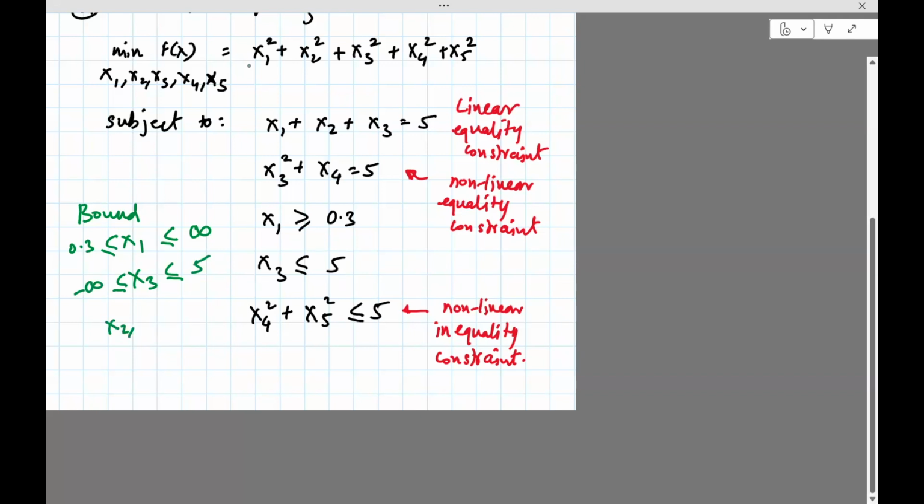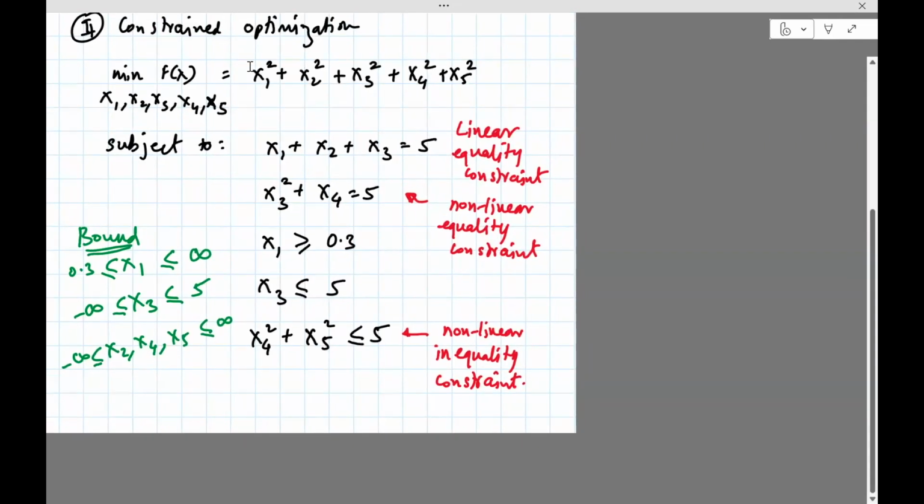Now, x2, x4, x5 are unbounded, which means they can take any value from minus infinity to infinity. You're always better off putting them as bounds because it makes the life of the optimizer easy. When it varies the variables x, it will never vary them outside those bounds. So always specify bounds as much as possible. This is how it looks. The same function minimize will solve this problem.